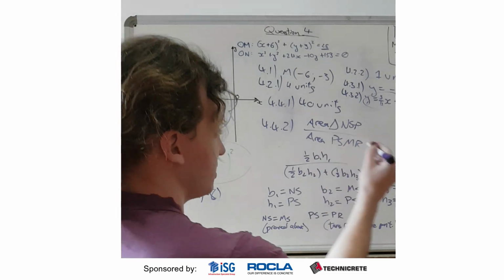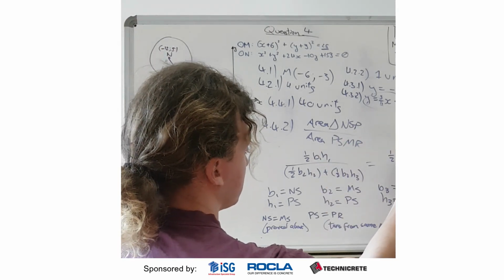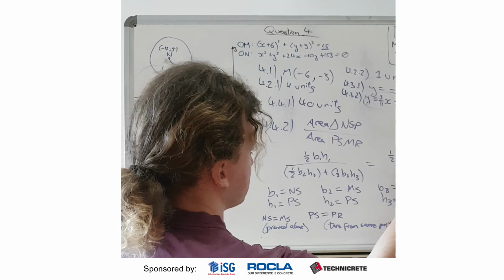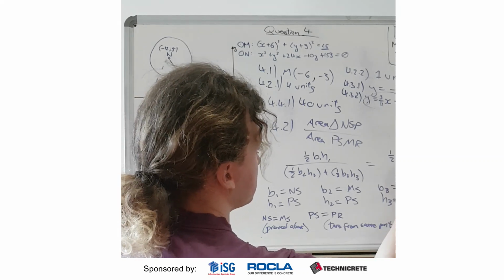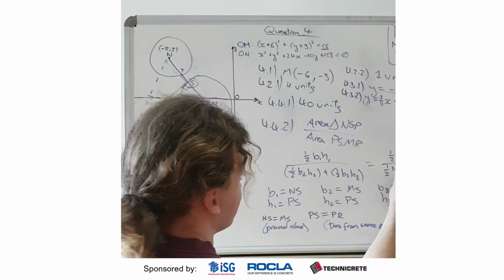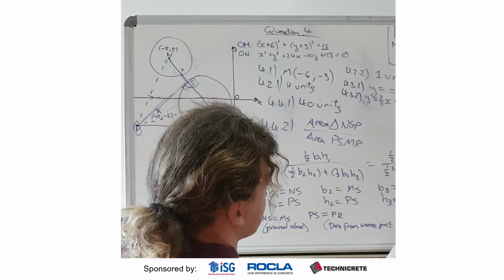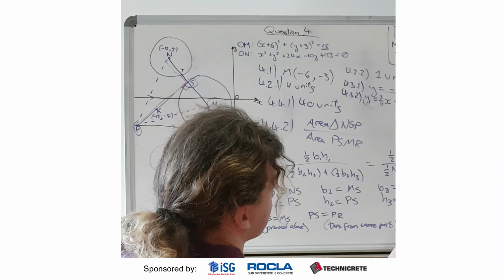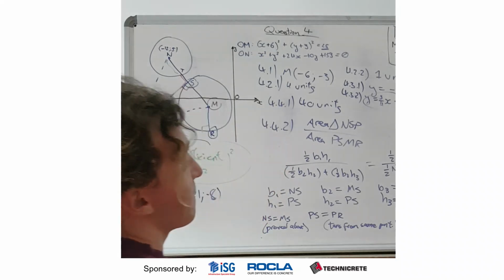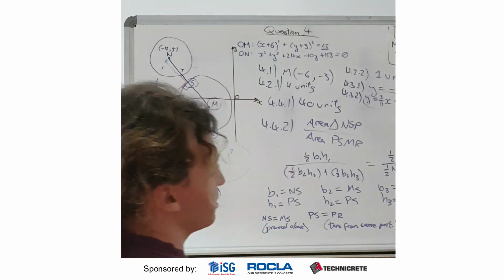So this equation here becomes a half NS PS over half. We can substitute with NS, it's fine. And PS plus a half NS PS. What a coincidence that it's working out so easily.